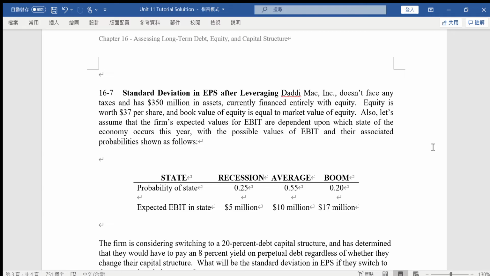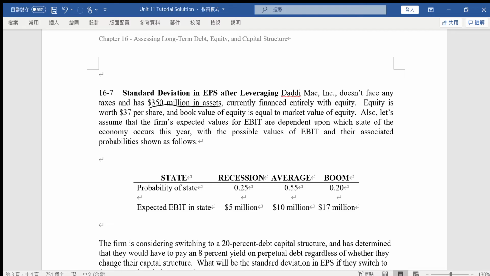This company doesn't have any tax, and you will find that the whole company is being financed by equities, and you have 350 million in assets. That means the total value of the company, right? That's why the equity is worth $37 per share, and the book value of the equities is equal to the market value of the equities.